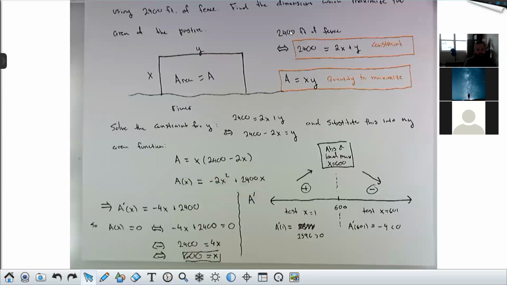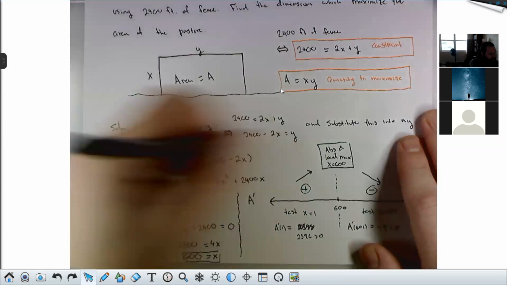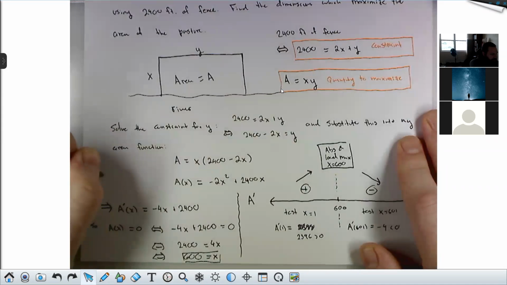And since the total amount of fence can't exceed 2400, x has to be less than 1200, right? Even if y is 0 here, then x is 1200. So really you're maximizing this on the domain 0 to 1200.